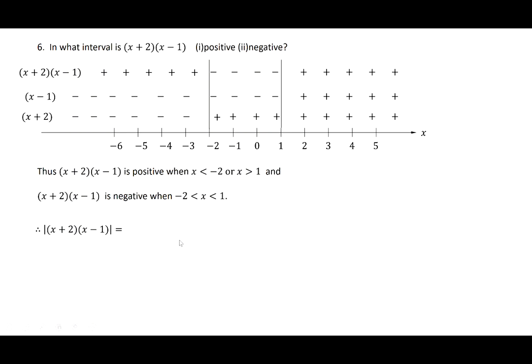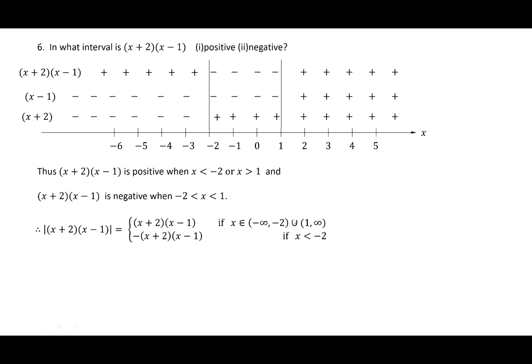Wherever the quantity is positive, we'll say just the quantity. Wherever the quantity is negative, we'll say negative of the quantity, which I wrote as x is an element of negative infinity to negative 2 union 1 to infinity, right? All the way from negative infinity to negative 2, this guy is positive, and from 1 to infinity is also positive.